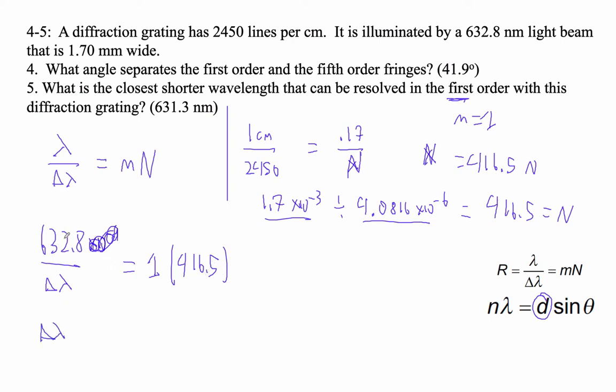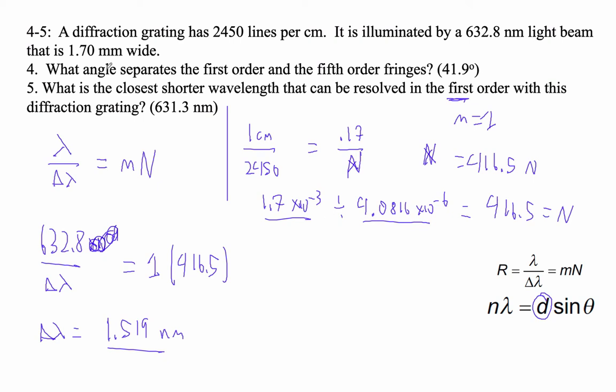Since I'm just putting nanometers in, it's going to be in nanometers. So my difference in wavelength is 632.8 divided by 416.5, which is 1.519 nanometers.